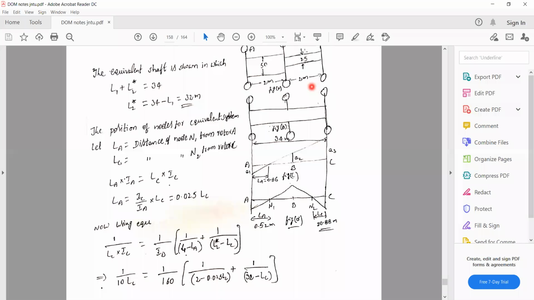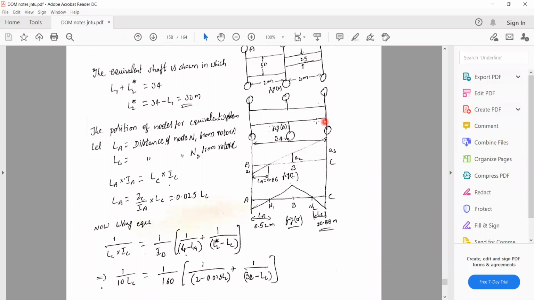In this arrangement, 1.3 meter at one position from this C, in the uniform dia of the shaft, the nodes have been calculated. Similarly, we calculate node positions in our different dia and different lengths of the shaft.